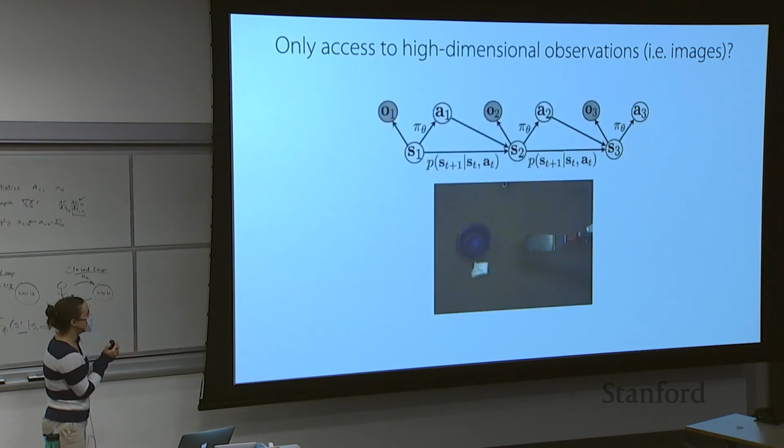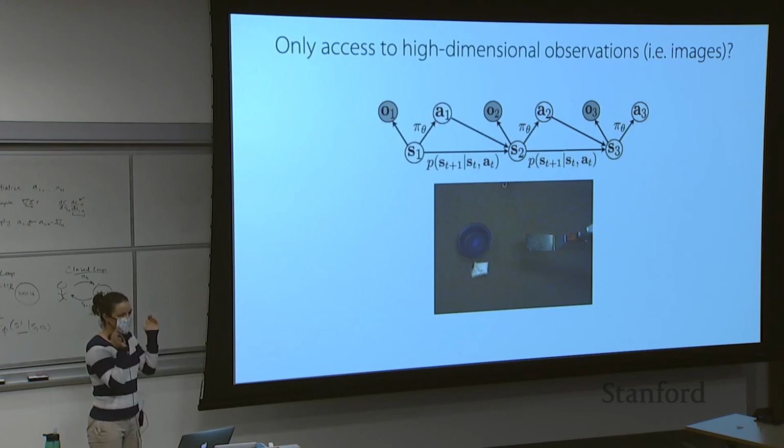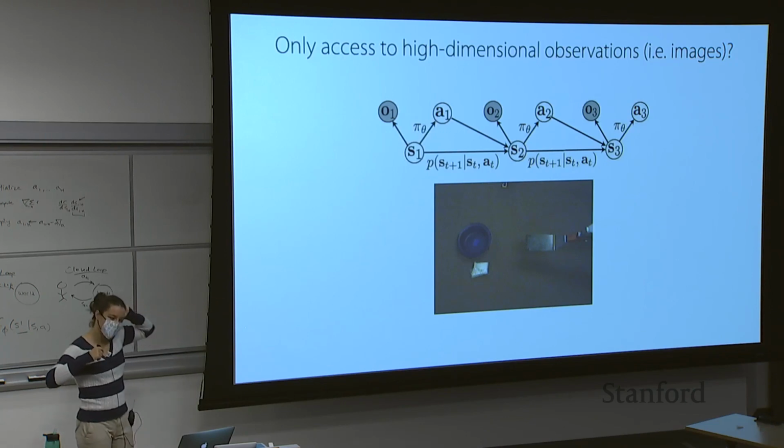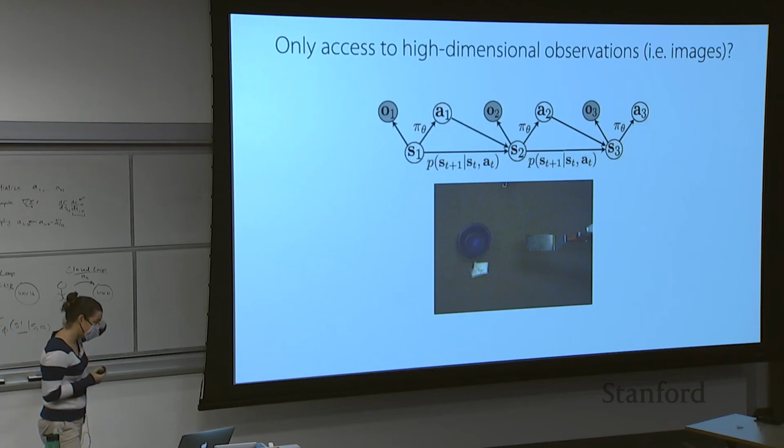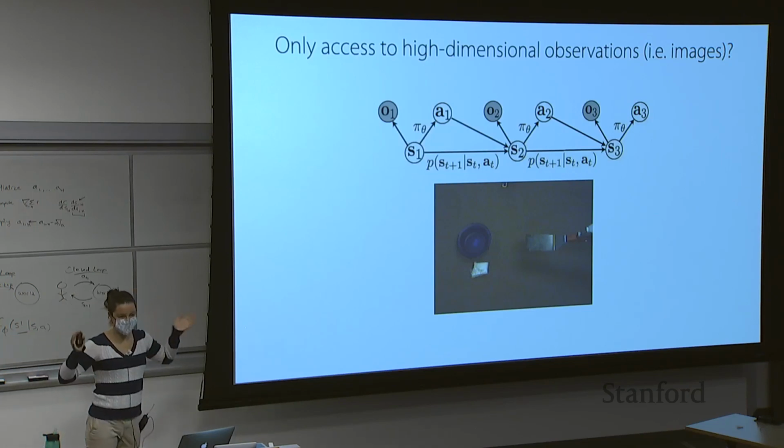For example, say you want the robot to use the spatula to lift the white object into the bowl. In this case, the robot can access camera images, but it can't access the position of the objects directly. And we'd like to be able to solve this task with model-based RL with only access to images.